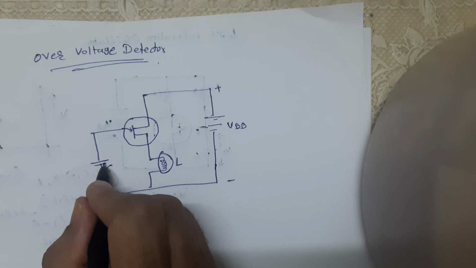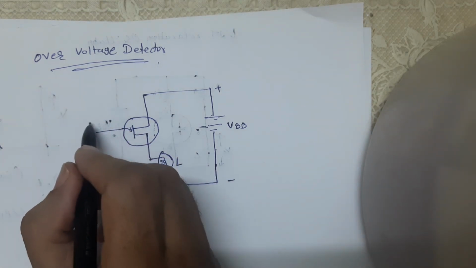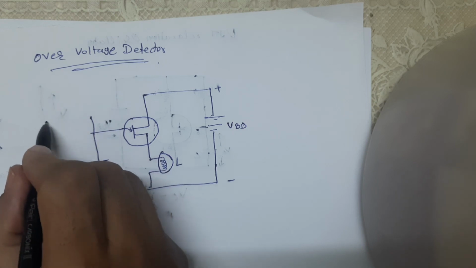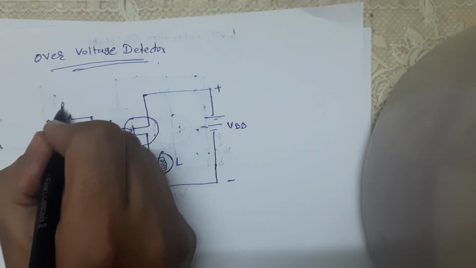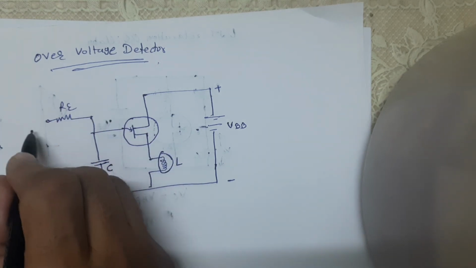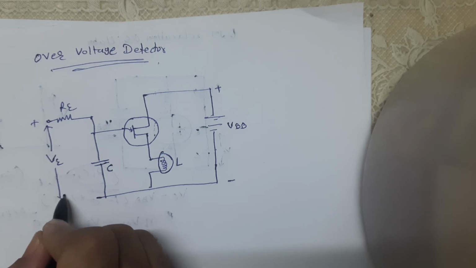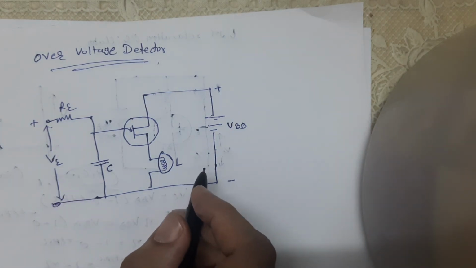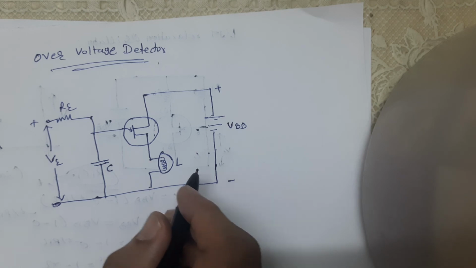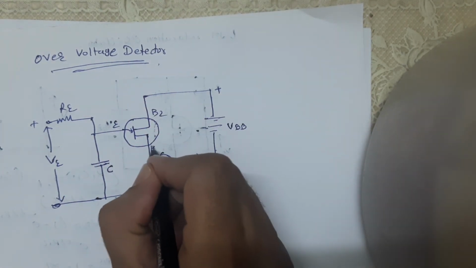This capacitor is the over voltage detector, very useful for over voltage detection. The resistance is Re. This is your VE, emitter voltage. This is the circuit in its very simple form. This is your emitter, base 2, base 1.